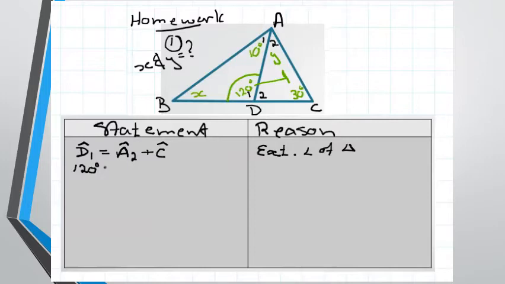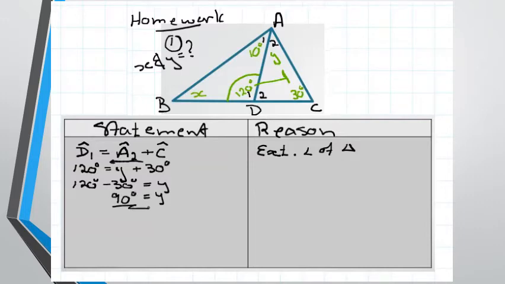If I do the substitution now, I'm going to have 120 degrees equals angle A2, which is equivalent, given to me as Y, plus angle C to be 30 degrees. Take the 30 degrees to the left hand side, so I'm going to see 120 degrees minus the 30 degrees equals Y. So therefore the value of Y is 90 degrees.